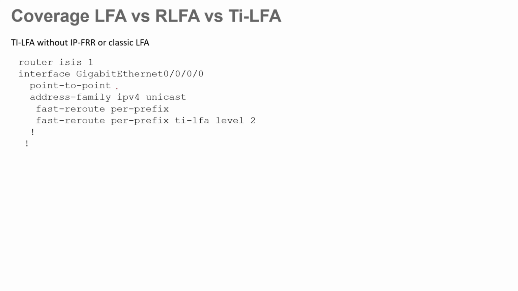So as I said, Ti-LFA is the extension of the loop free alternate, and to enable Ti-LFA we need to first enable the per prefix loop free alternate, and then the second command is for the Ti-LFA.